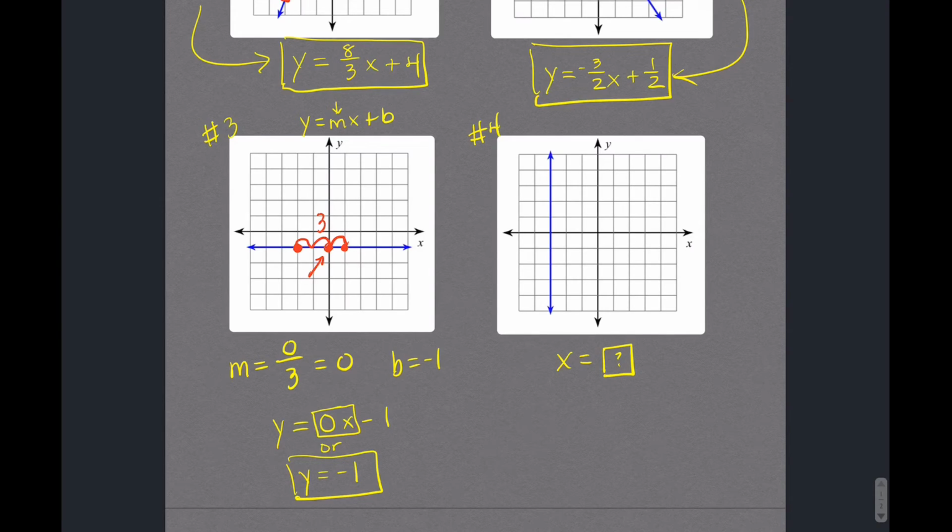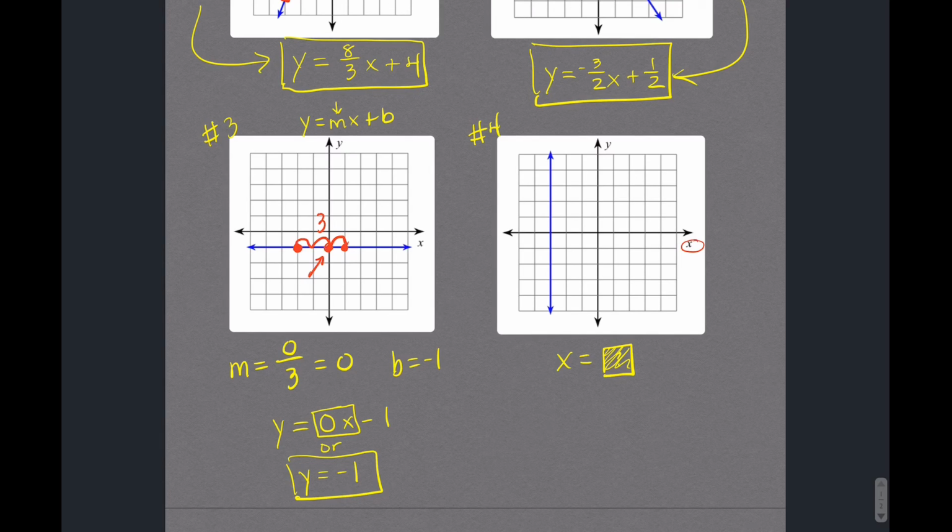And the value, it's pretty simple once you remember how this works for these vertical lines. The value that we have here that we don't know is basically where the line crosses the x-axis. Okay, the x-axis being, of course, the horizontal axis.